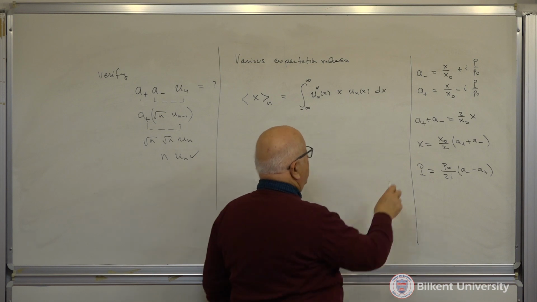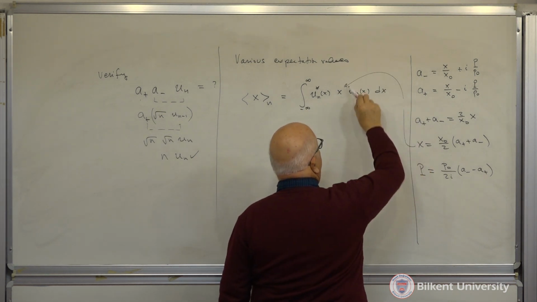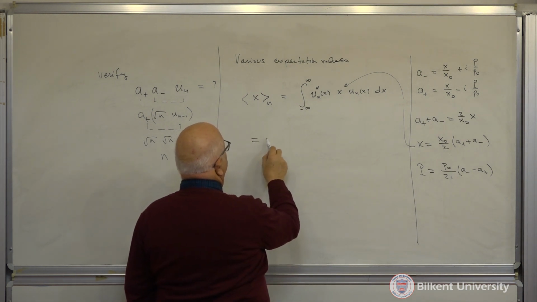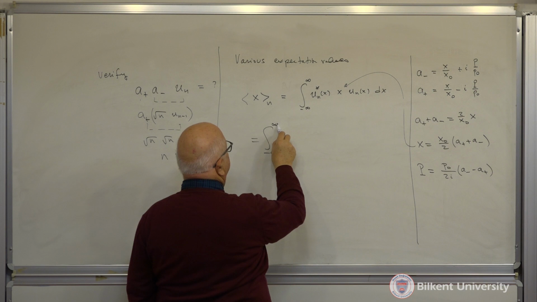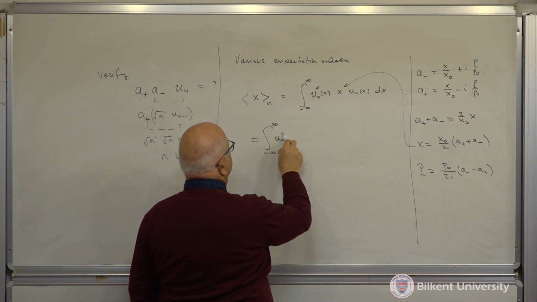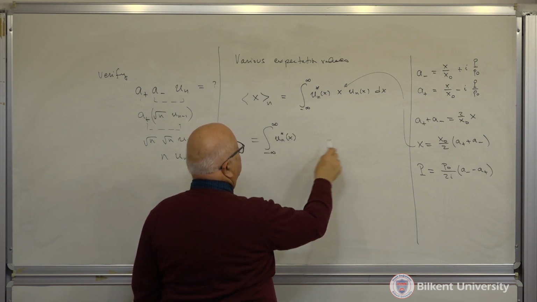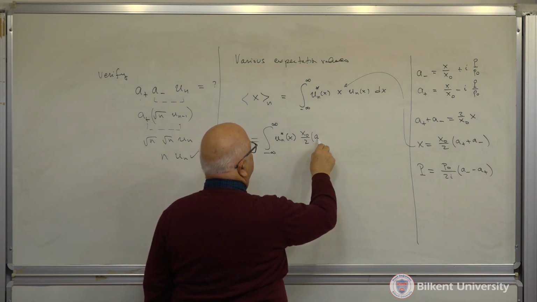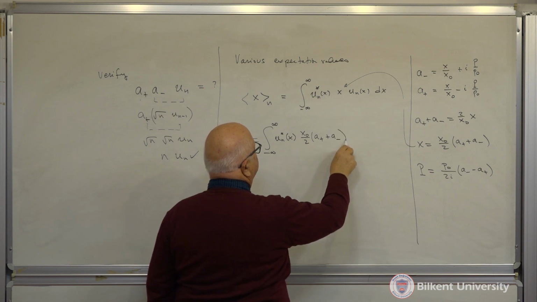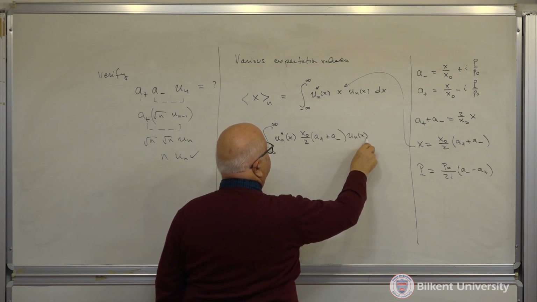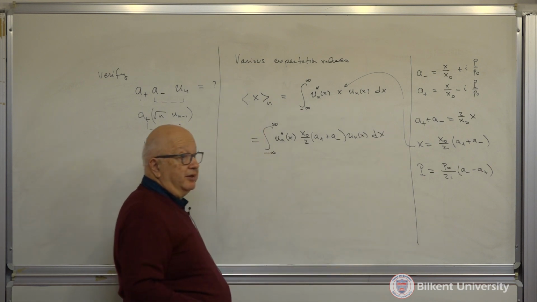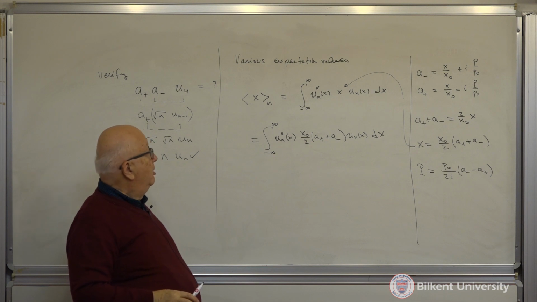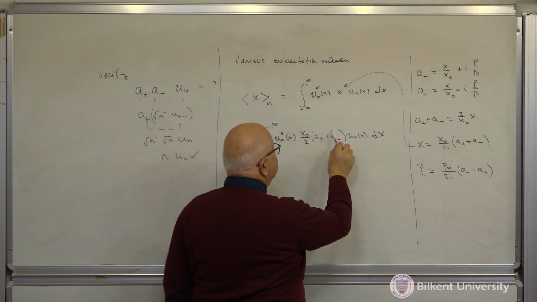So what I do now is take this x and put it in there. So this is going to be the integral from minus infinity to infinity of un star of x, and in place of x, I put in x0 over 2 times (a plus plus a minus), un of x dx. Now, what is this proportional to?